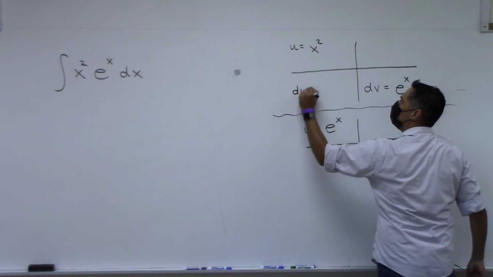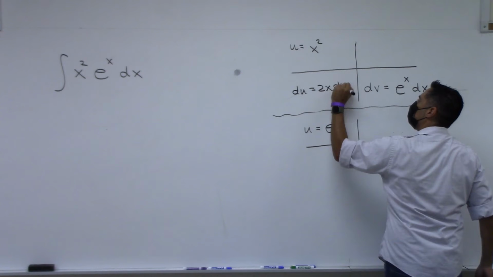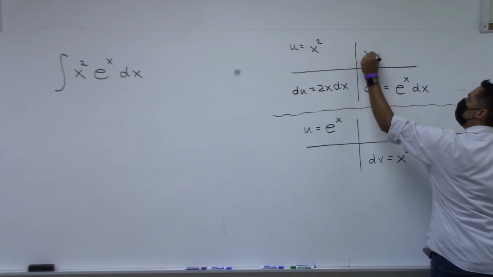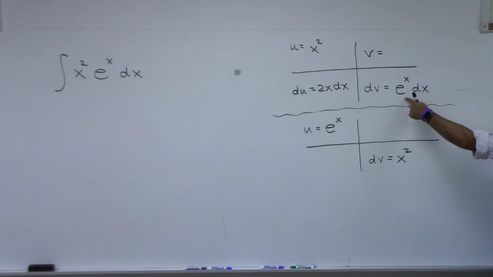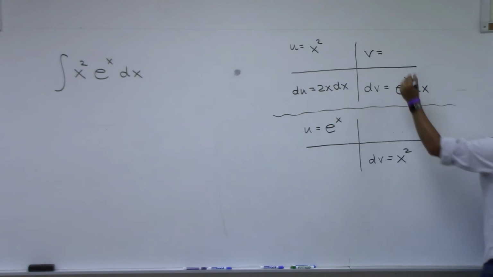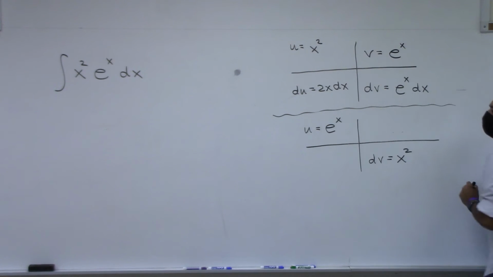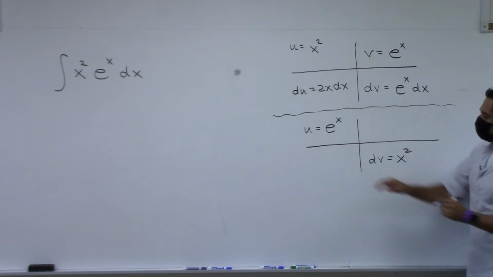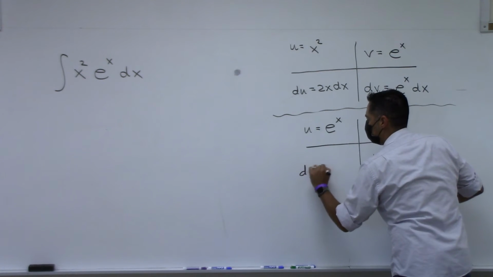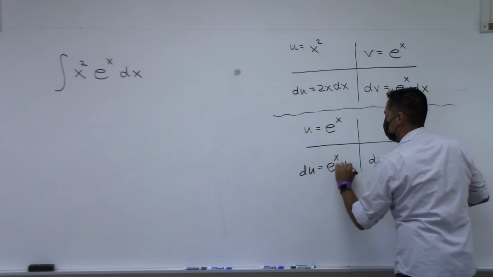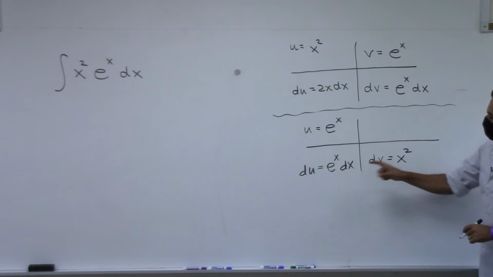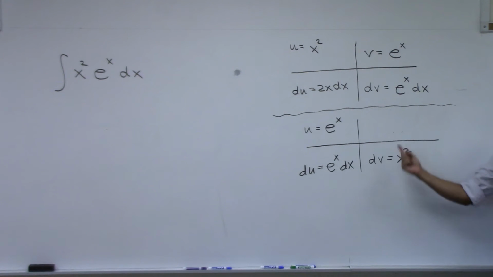So this is du, that's 2x dx. And what's the antiderivative of e to the x? Itself, e to the x. And then on this table, if I did it this way, the derivative of e to the x is itself, and then what's the antiderivative here?